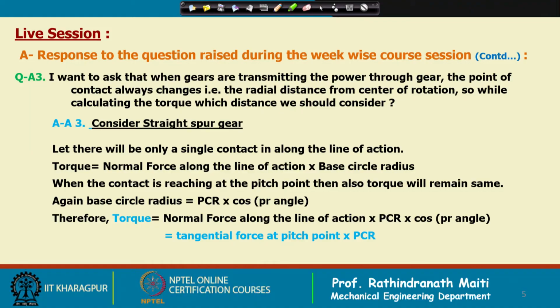If you look into this, say this is the gear tooth and this is the pinion tooth and this is the line of action. So, contact is first at the tip of that.